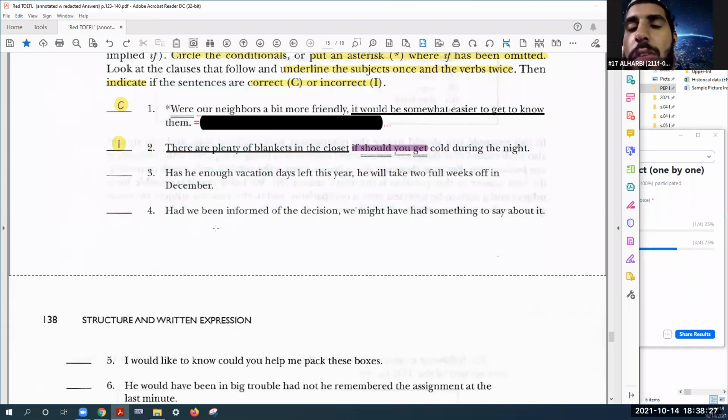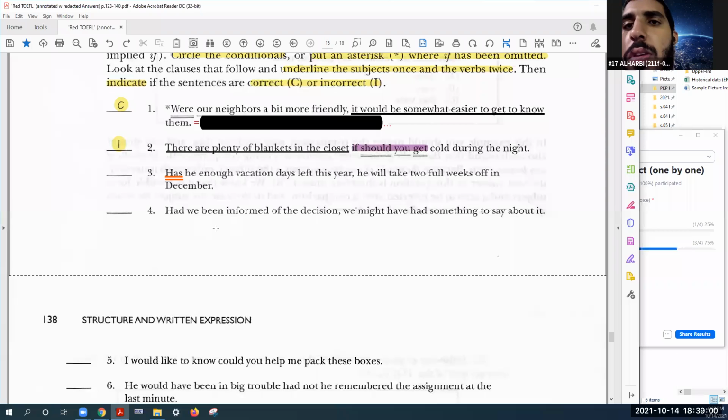Do I tell the mistake first or read it? Let's start with verbs and subjects. The first verb is has, the first part of the verb, and enough. What is enough? It's an adjective. It's not a verb. We only want verbs and subjects right now, so we don't want an adjective or adverb.